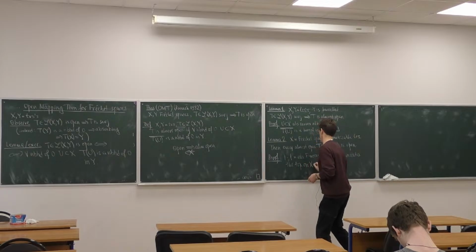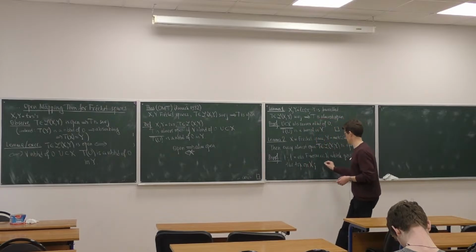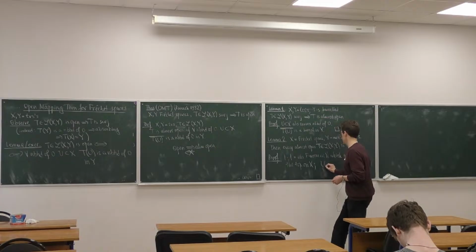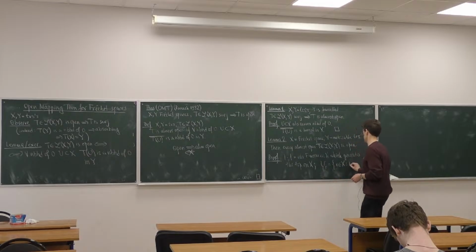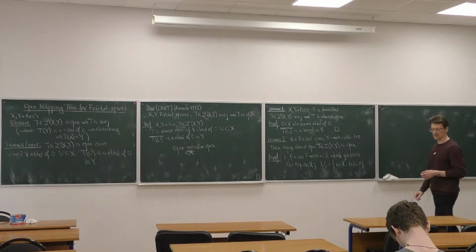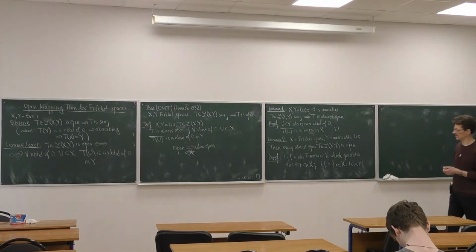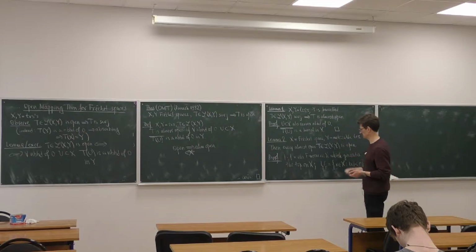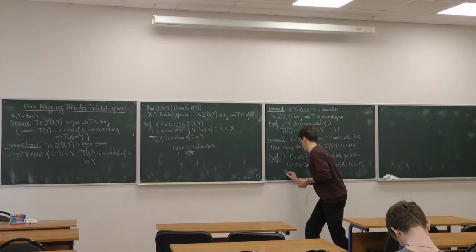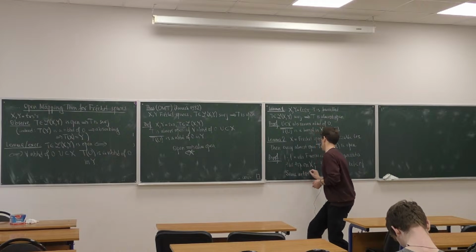And let's introduce the respective open ball, U_R, the open ball of radius R in X centered at 0. And we will use the same notation for the space Y, since Y is also assumed to be metrizable.